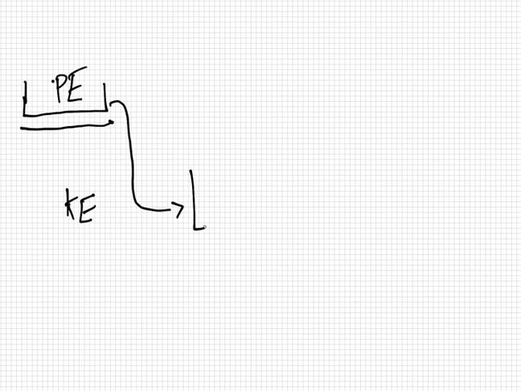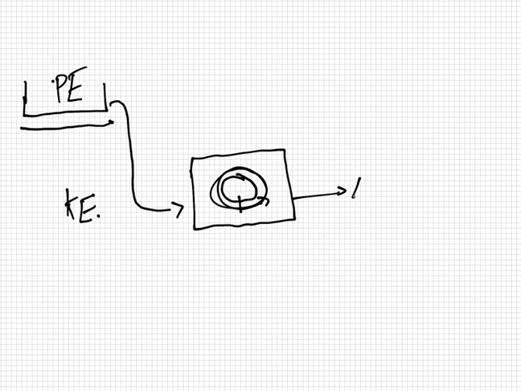And then it goes into the power station. We'll talk about this when we do electricity after the break. But you have these big turbines, and these spin around. And then what happens when they spin around? They make the electricity. So they change kinetic into electrical energy.